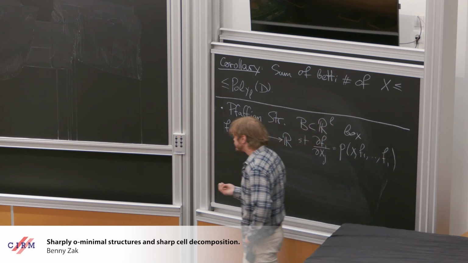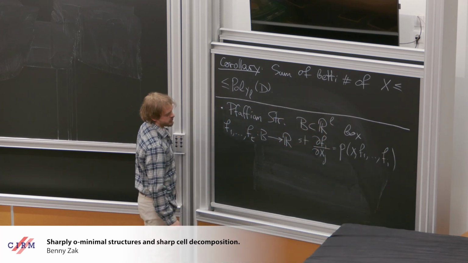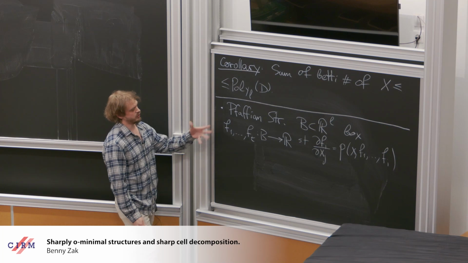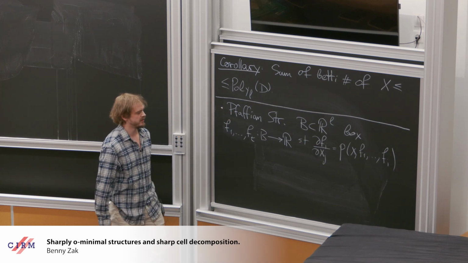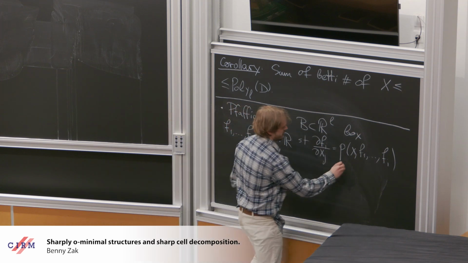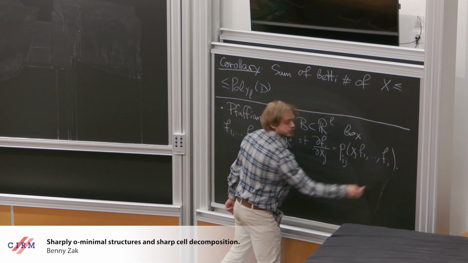So the first differential equation is f1 prime equals some polynomial of x and f1, and then you can add these functions. And the polynomial depends on i and j. So this is called a Pfaffian chain.